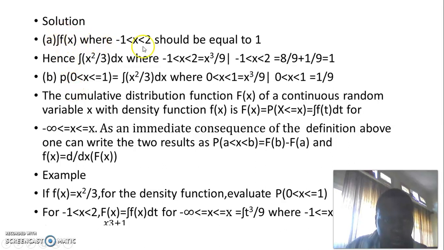Let's look at the solution for this problem. Where x is between -1 and 2, when you sum the individual probabilities over this interval, it should be equal to 1. Hence, when we integrate x squared over 3 dx, we add the power and divide by the power, which gives x cubed over 9.